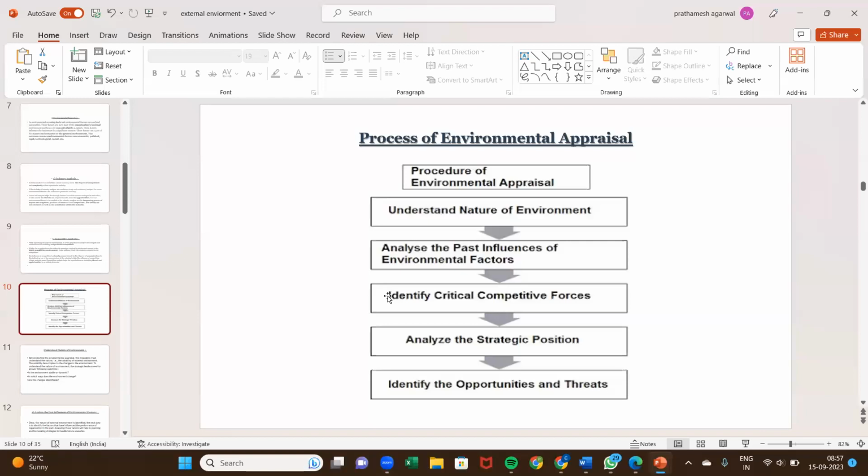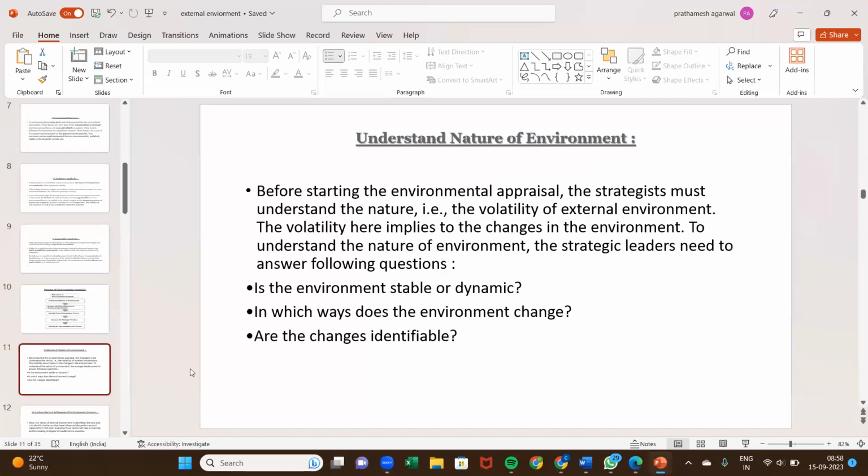Who can be our probable competitors in the market? Then according to the SWOT analysis of the competitive forces, we need to study our strategy, as well as the strategy of our competitors. Then we need to identify the opportunities and threats. Opportunities give us a competitive advantage, and threats are a negative situation, which if not taken care of, are not good for the organization.